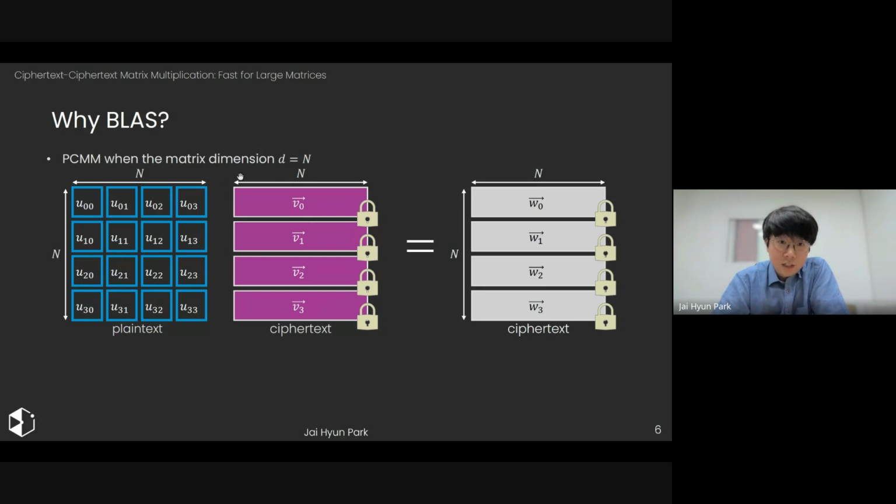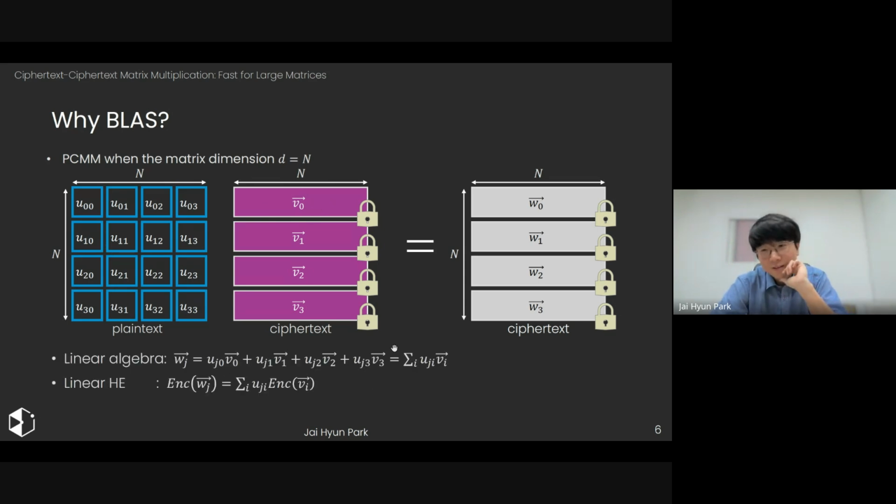For example, in this case, if the dimension is exactly the same as the ring degree of CKKS, then for each row we can prepare a ciphertext that decrypts to that row of the input matrix. And once you think about the product matrix, you can find that each row of the product matrix is actually a linear sum of the rows of the input matrix.